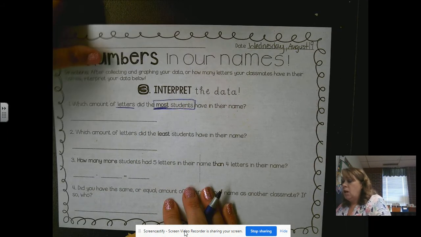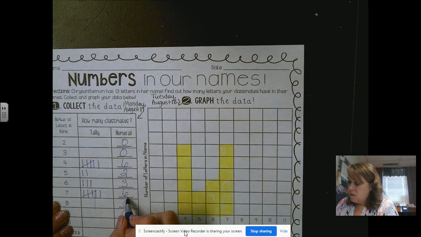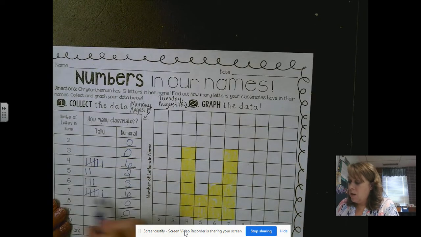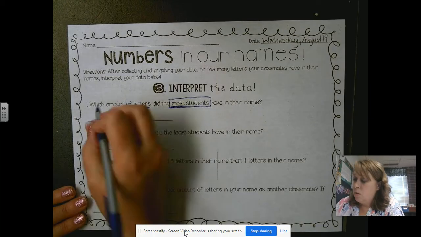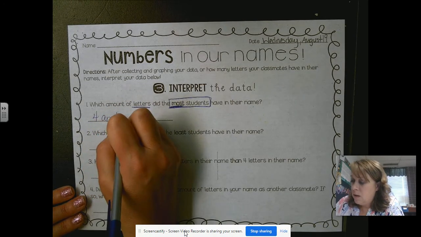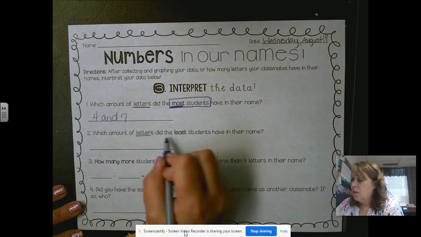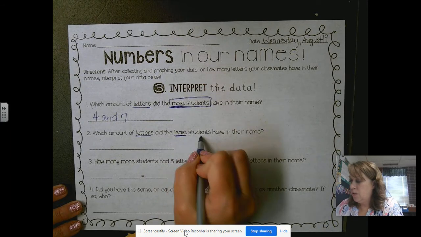Well, looking at our graph, the one with the highest number is 6, and we actually have 2 of those. So we're going to have to do 4 and 7. Okay? So for number 1, we'll say 4 and 7.